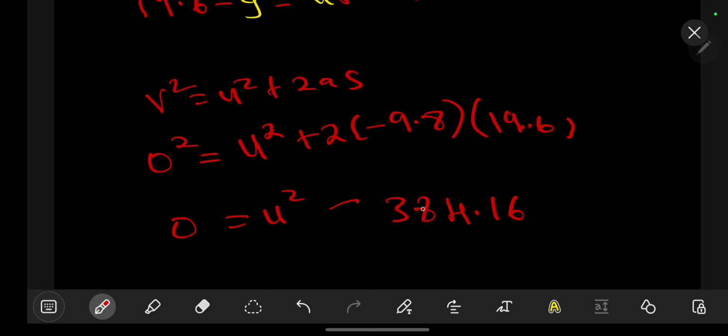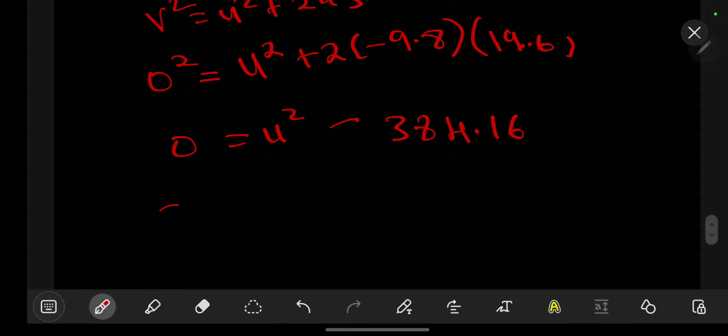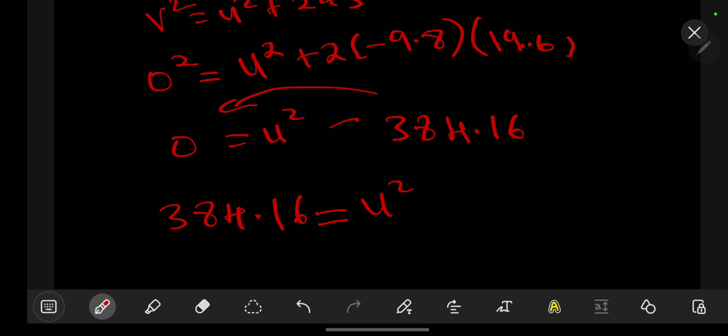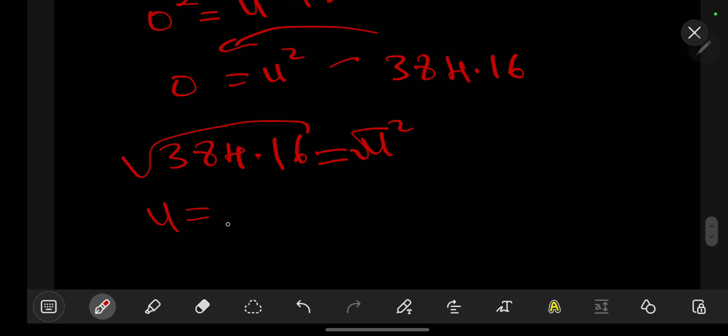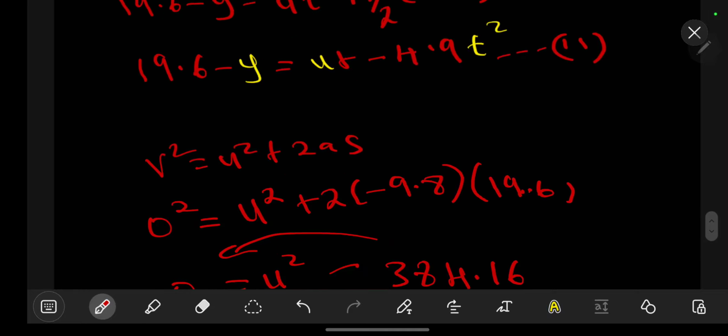Taking this value to the other side, positive 384.16 should be equal to u squared. We find the square root. Our u should be equal to the square root of this answer, which is 19.6 meters per second. So if we know the initial velocity, we can get our equations.